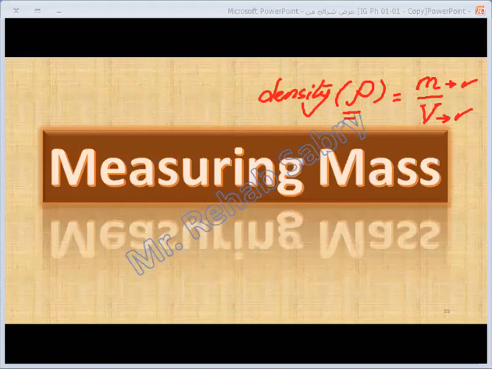Because after finishing the mass, I'll go directly to the density, inshallah, Rabbil Alameen. Although it exists in your book, close to the end of topic 1, why did I bring it here? Because it's related here.